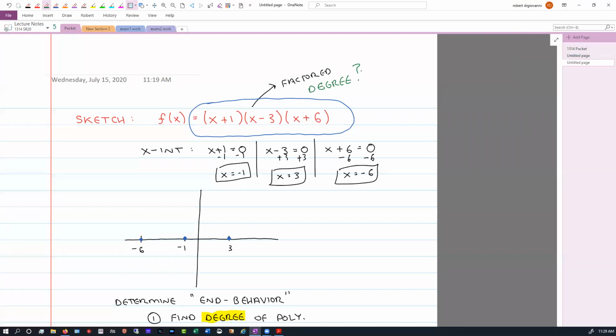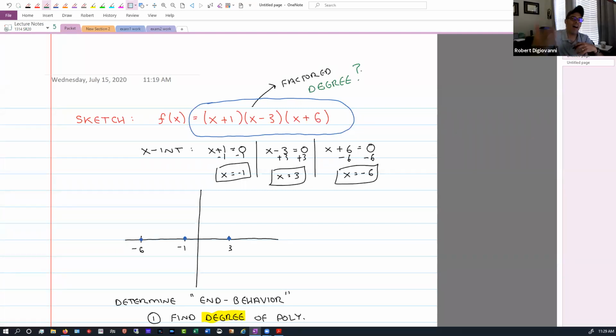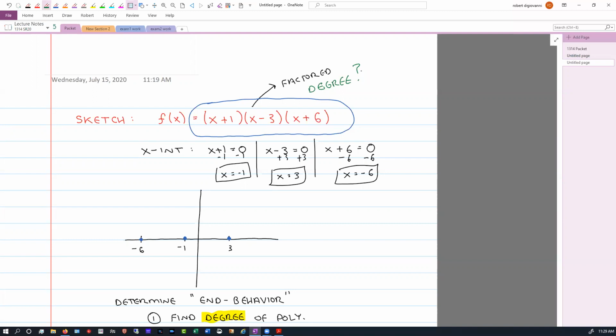If you were to multiply all those things together, what do you think the highest power of x would be? 3. Okay, so why do you think 3? Because there's 3 x's in that problem.